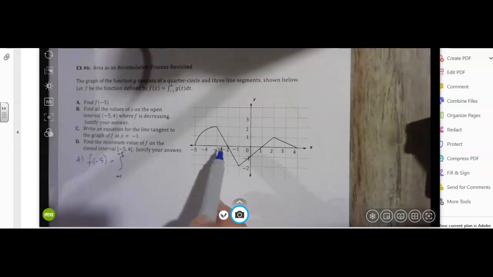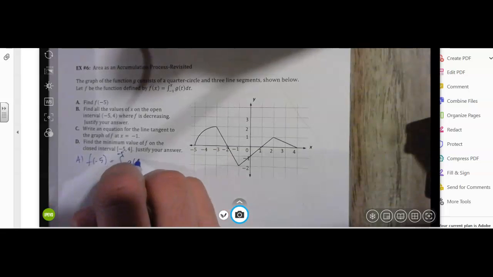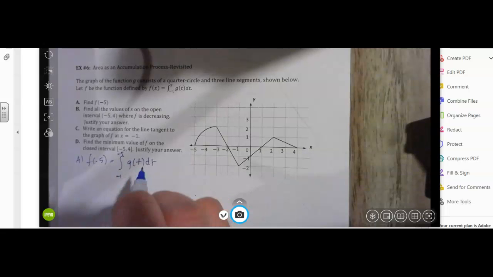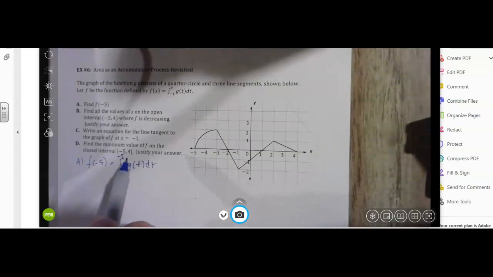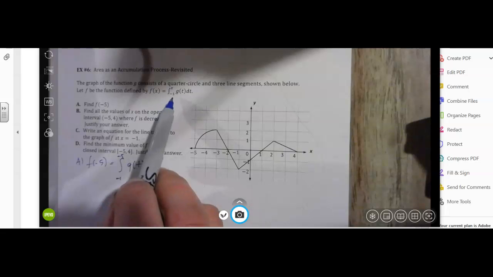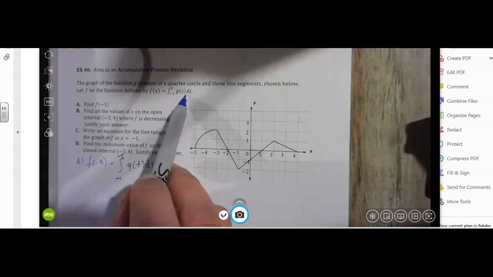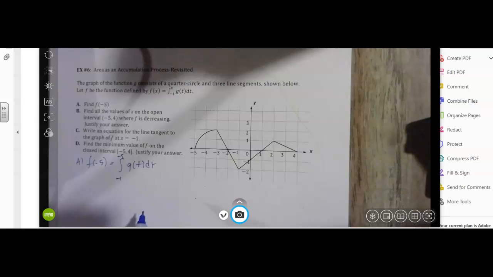So we have some area below, some above, so pay attention to that, of g of t dt. We're asked to find f of -5, and f is defined to be the integral from -1 to x of g of t dt. So that's the reason why we're using this integral. Remember, we're going to switch the limits of integration, so our lower limit is on the bottom and the higher limit on the top, and we have g of t dt.